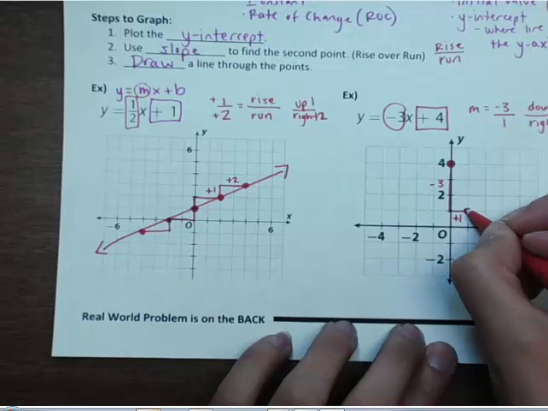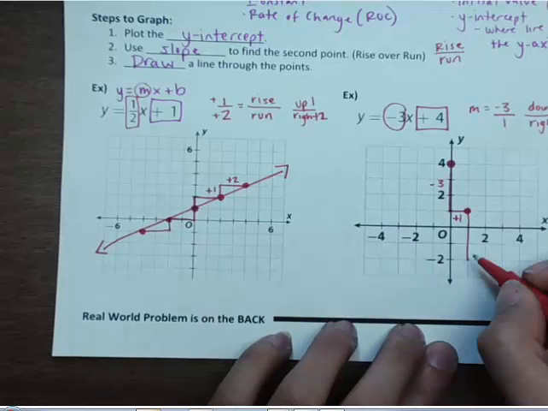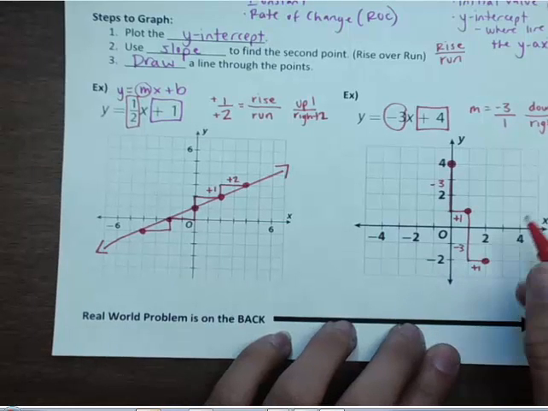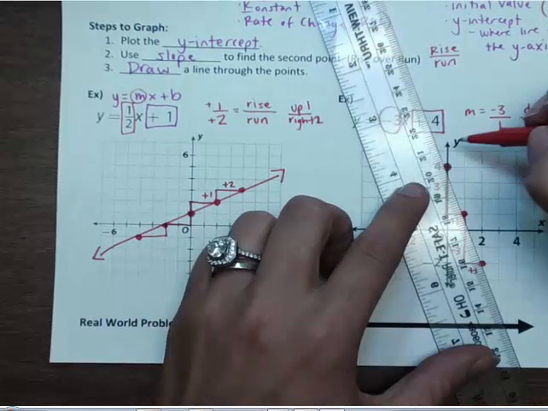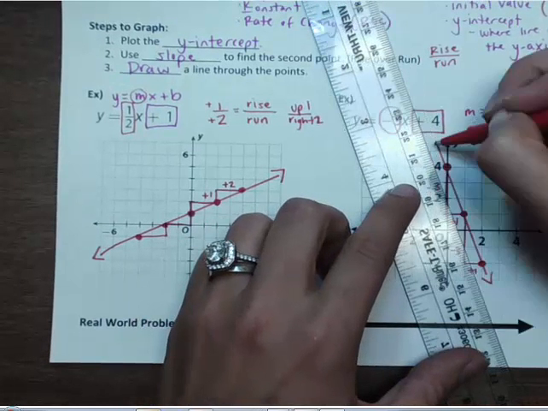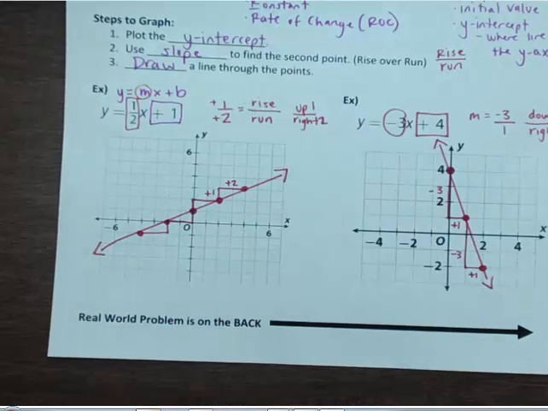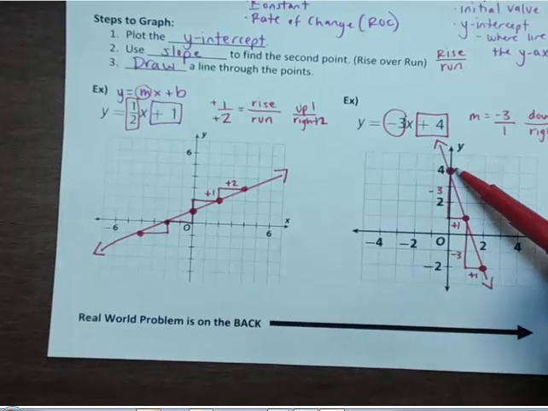I'm going to continue down 3, to the right 1, and plot my third point there. I'm going to connect my dots, put arrows on the end to show it's continuous, and also double check my work that the y-intercept is 4 and that my slope is negative, so from left to right it is going down.